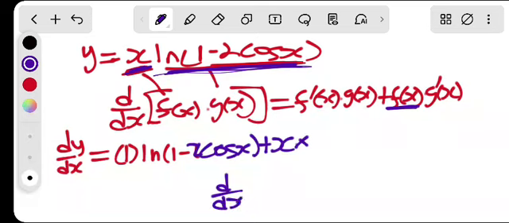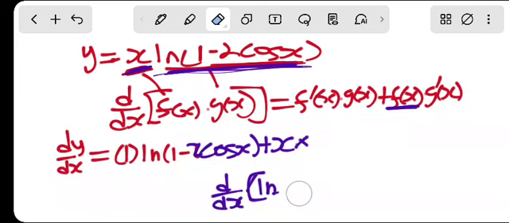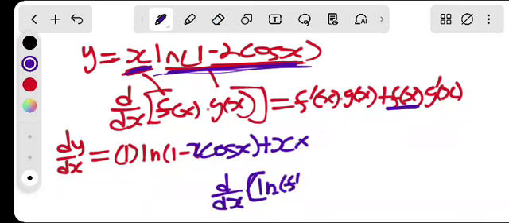If you differentiate ln of f of x, you multiply the numerator by f prime of x, then you divide by f of x.